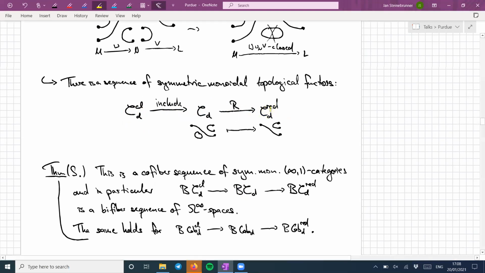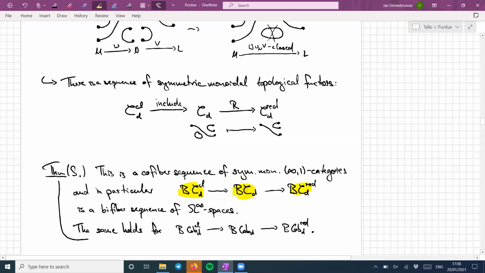Which visually makes a lot of sense, because take all bordisms and you mod out the closed ones, then you get the reduced ones. And yeah, you can prove that, and then it's a consequence that this is a fiber sequence of infinite loop spaces. But that's really all we're going to need.